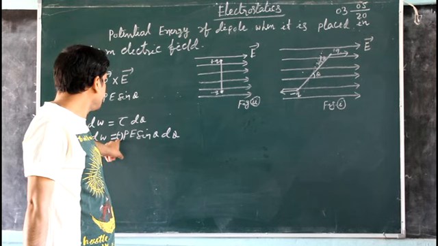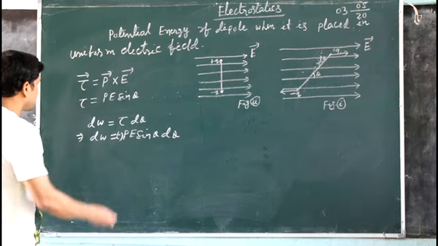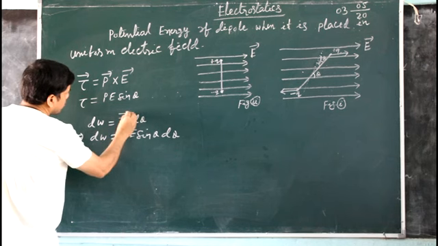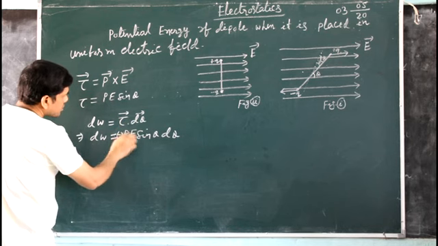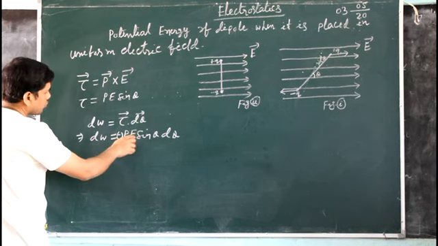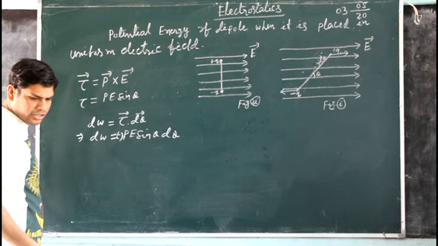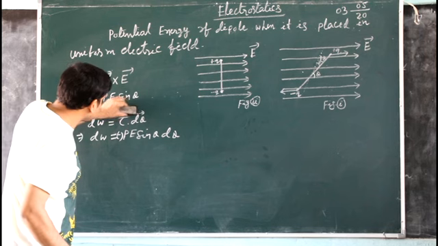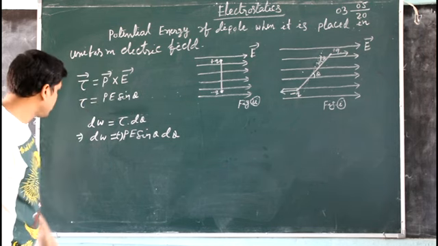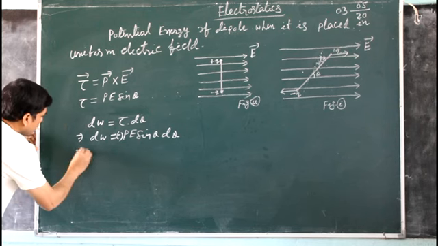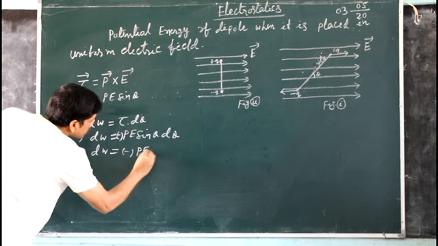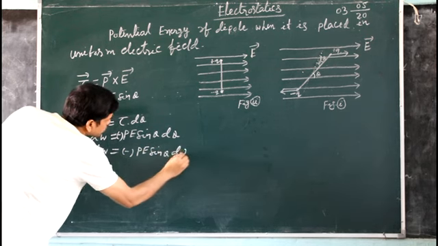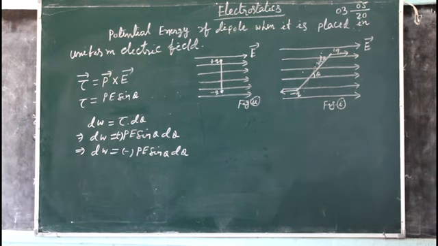That's why we put a minus sign here, because in vector form it is a dot product, so the angle is 180 degrees. Therefore dW equals minus PE sin theta d theta. This much work has to be done by the external agency to displace the dipole by d theta.